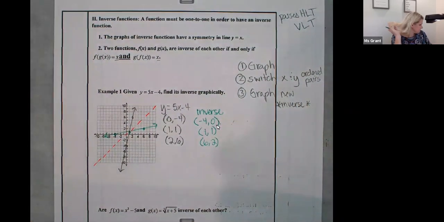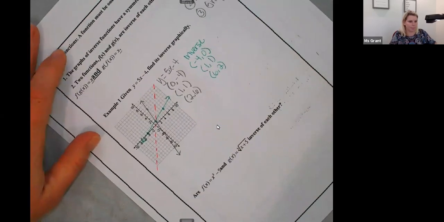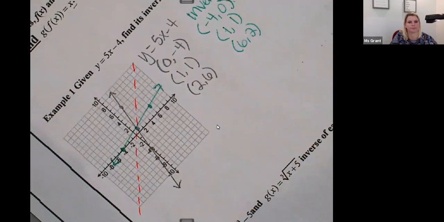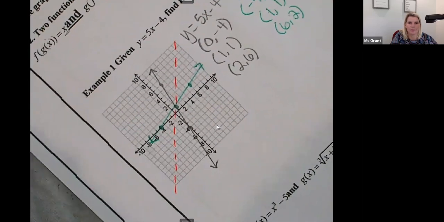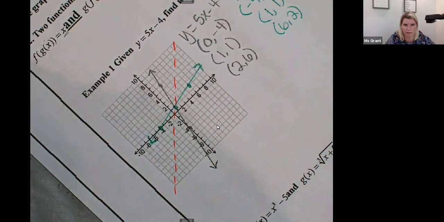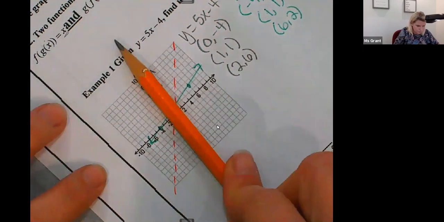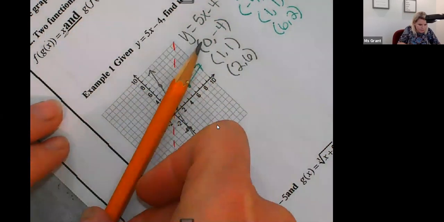So now, I want to show you what inverse looks like. Please keep your eyes on the red line. Notice how my pencil and my green line are basically reflected over that red line. The pencil and the green line are reflected.